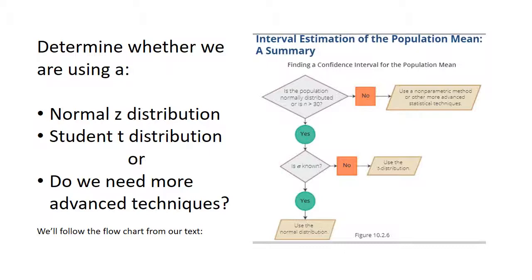We need more advanced techniques that we will not learn in our class. If either our sample size is big enough or the underlying population is normally distributed, then do we know our population standard deviation? If we do, then we can use a Z distribution, a normal Z distribution, because hey, we know our standard deviation.